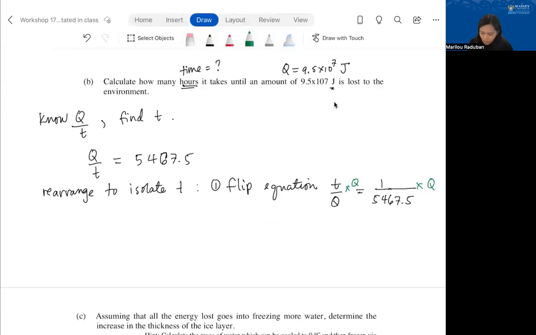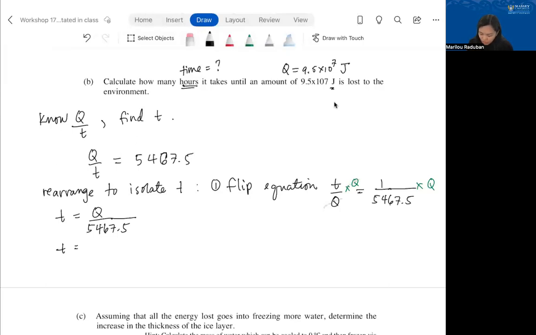That allows me to cancel Q on the left side, and T will be equal to Q divided by 5,467.5. Yeah, it's okay to calculate it using the whole equation. You'll find the answer will still be the same.